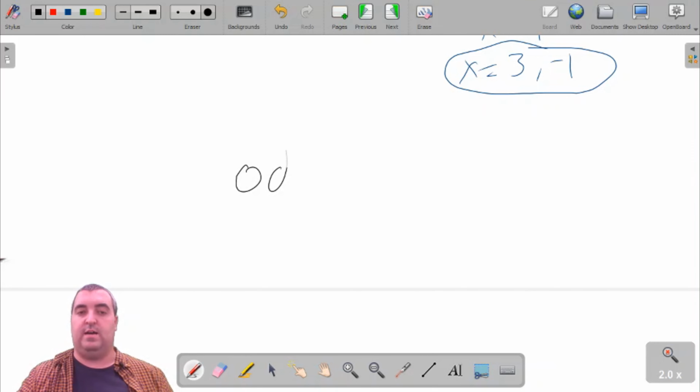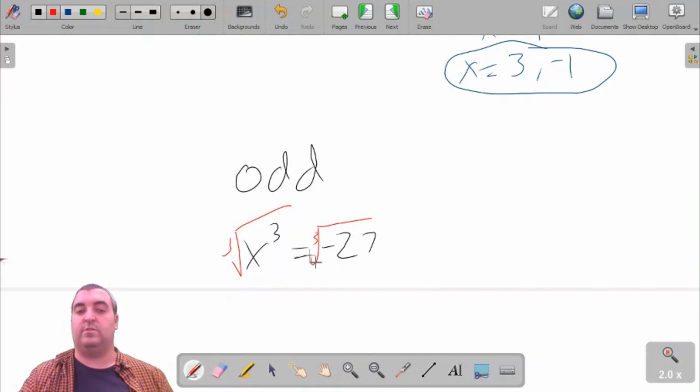So if it's odd power, these ones, you actually just worry about what this one's sign is, because when we think about it, we can do the cube root, and when we do cube roots, fifth roots, seventh roots, any odd root, the negative stays the way it is. If it's negative, it stays negative.